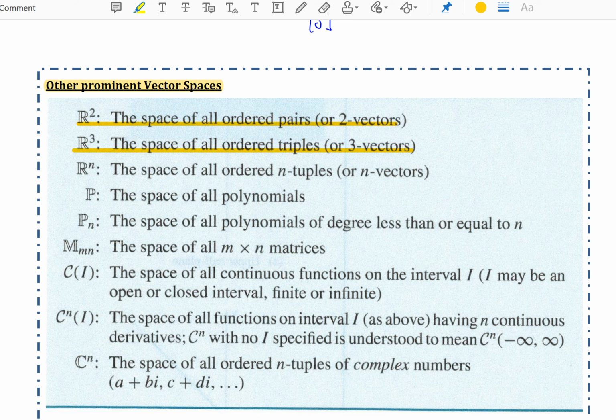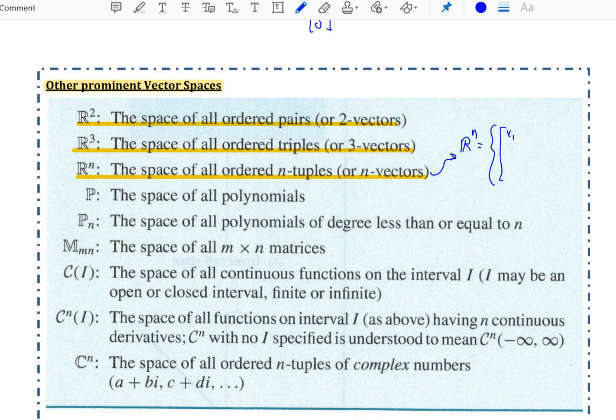But in general, we can extend this to the space Rn, n-tuples. So here we would be talking about sets of vectors that didn't have 2 or 3 components in them, but Rn would be the set of vectors with n items in there.